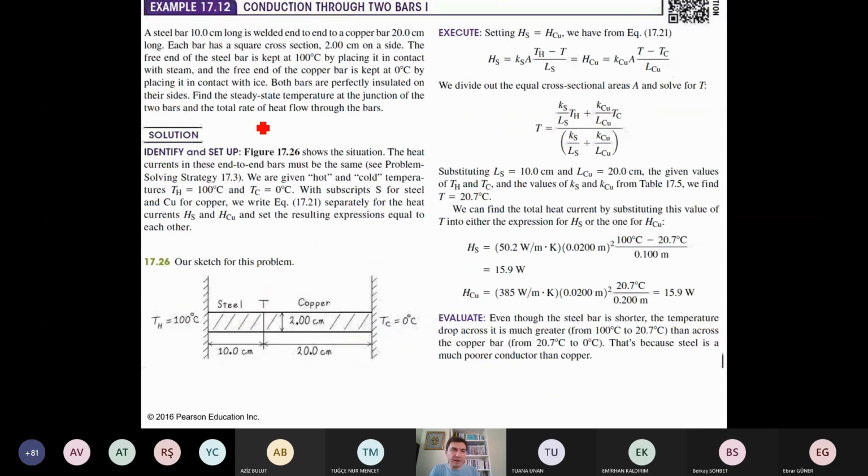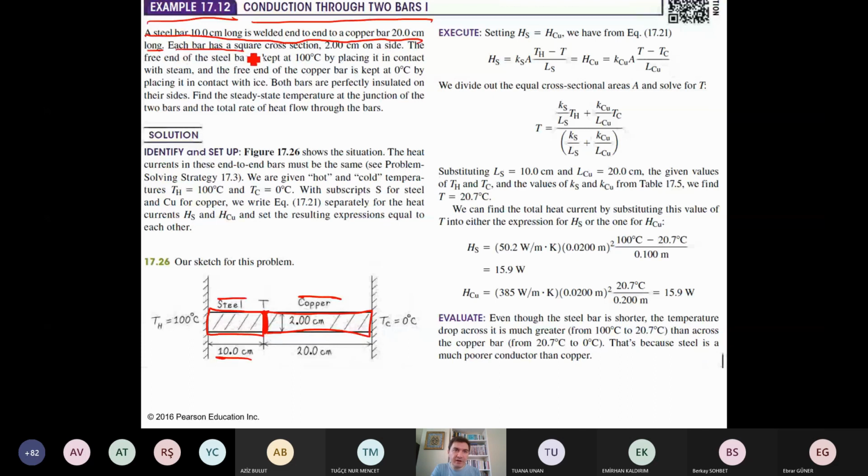Let me continue with the example 17.12, conduction through two bars. Here we have steel, okay, and steel has a length of 10 centimeters, and here we have copper, and copper has a length of 20 centimeters. So a steel bar 10 centimeters long is welded end to end to a copper bar 20 centimeters long.